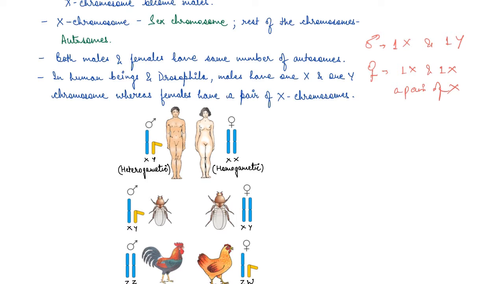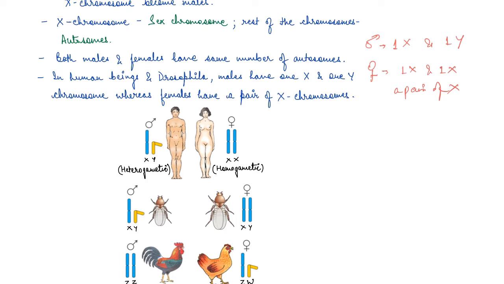In the diagram as well, you can see that the male has one X and one Y and the female has a pair of X. So males are heterogametic and females are homogametic in the case of sex chromosomes, right?